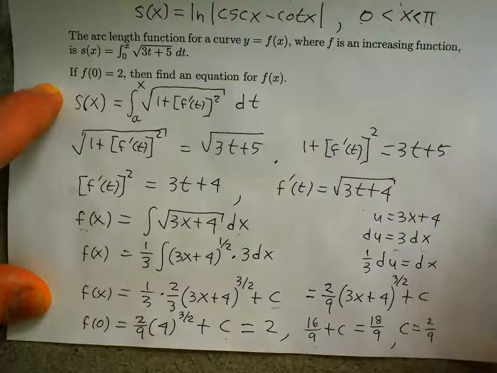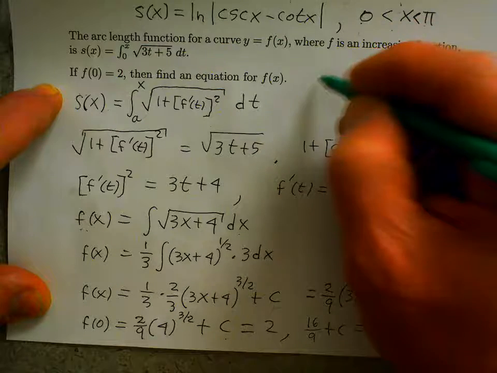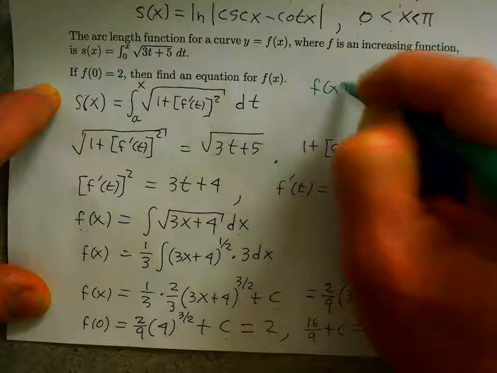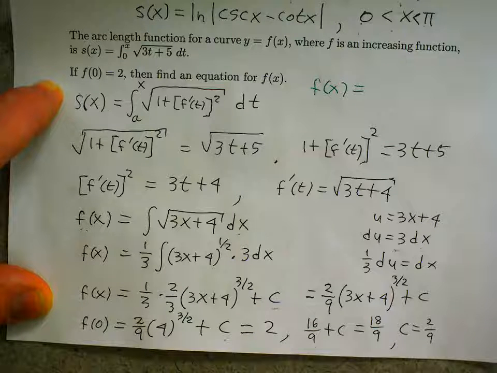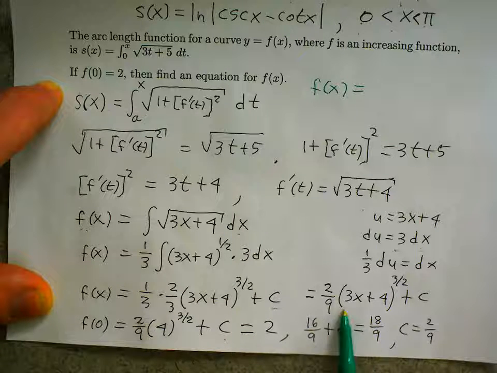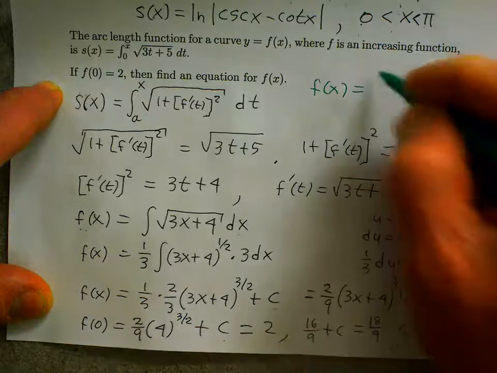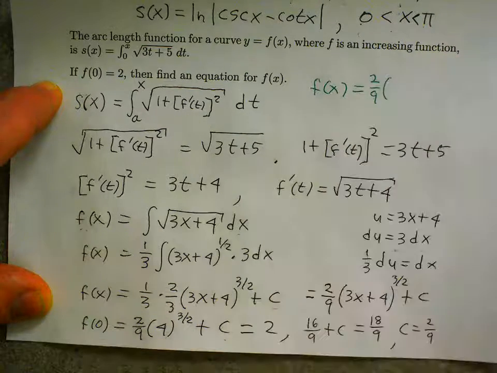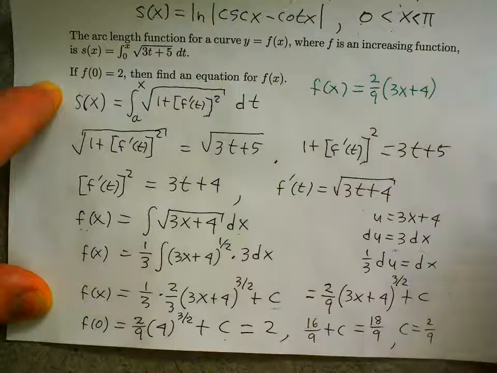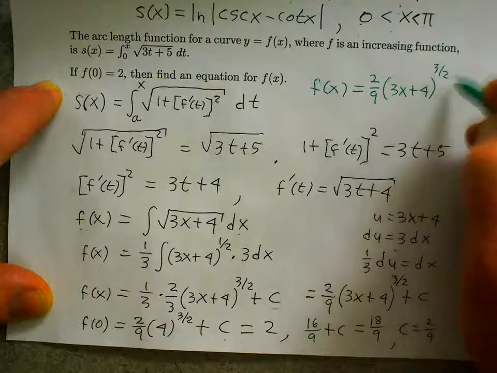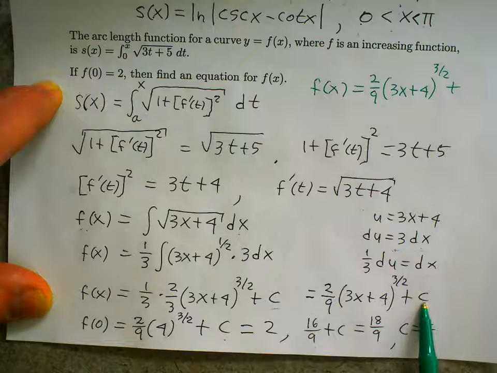Okay, so up here in this space, I'll write what f of x is equal to. So f of x is equal to 2/9 times 3x plus 4 to the 3/2. And now we can replace c with 2/9.